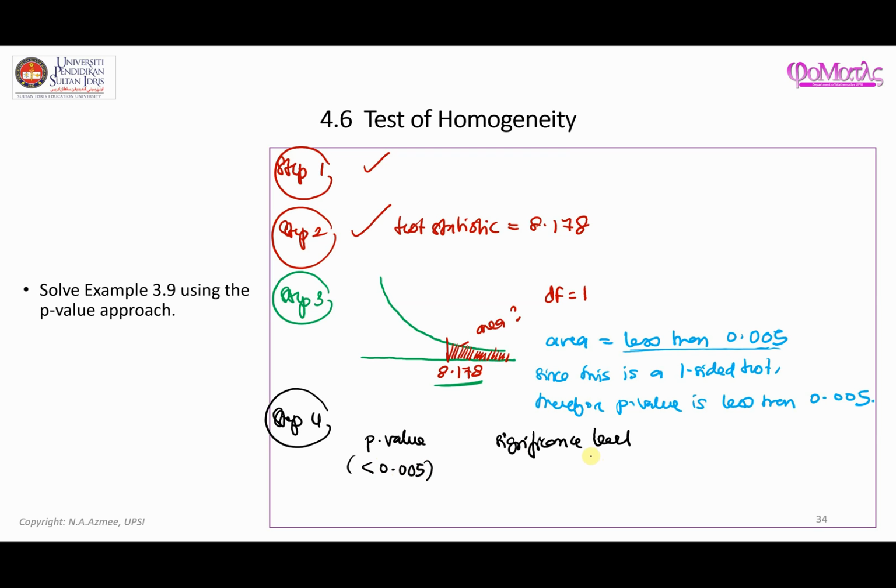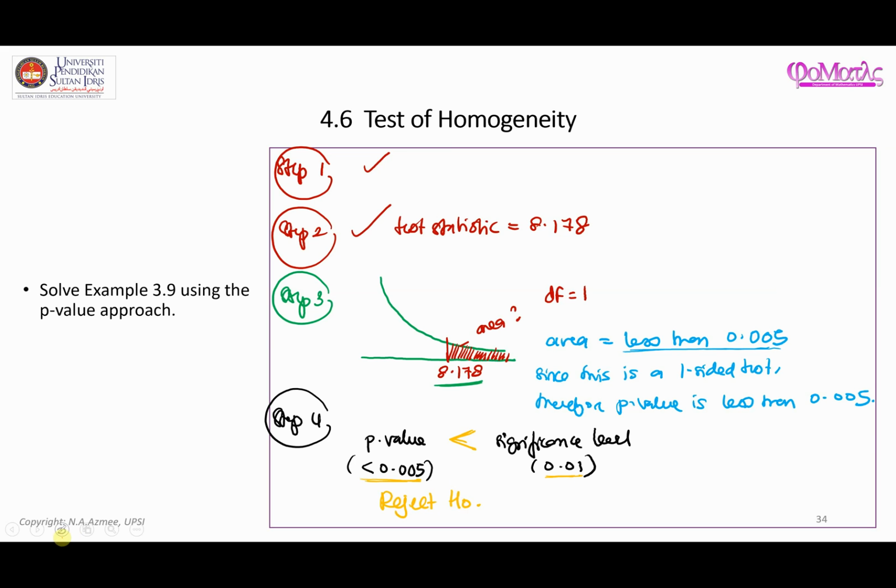What's the value for the significance level? The significance level is 0.01. Now clearly you can see that this value is less than this value, so we can say that the p-value is less than the significance level, therefore H null will be rejected. So based on this, you will decide to reject H null.